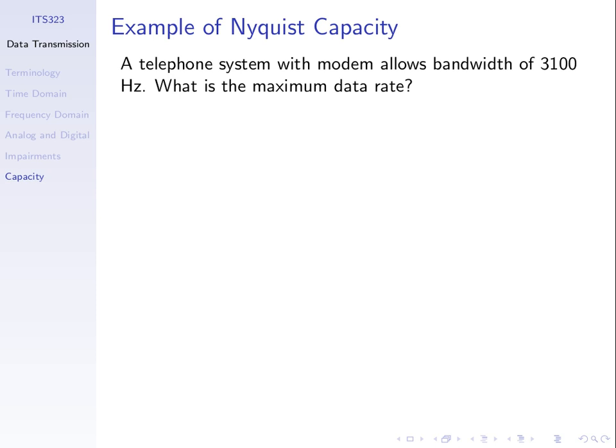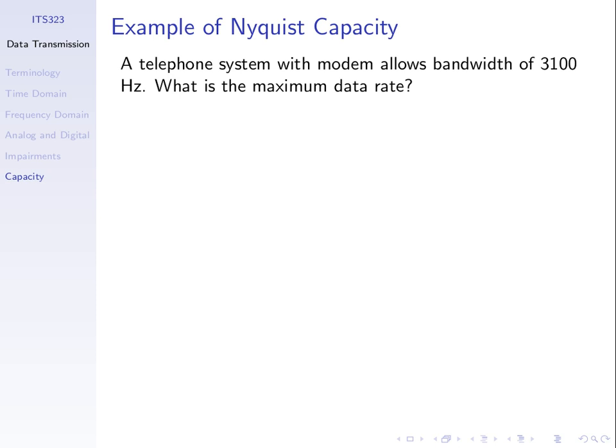And what your dial-up modem did was, instead of sending your voice, it sends bits encoded as a signal across that with a bandwidth of 3,100 hertz. How many signal levels did your modem use to get a data rate of 56 kilobits per second? Typical data rate you could achieve was 56 kilobits per second.